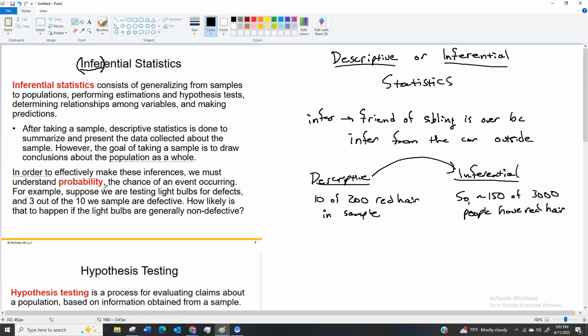So knowing probability helps us with inferential statistics. And that's why for chapter 4 and chapter 5, we delve into the other mathematical topic of probability. So even though this class is called Introduction to Statistics, almost invariably in any statistics class, you will also have some probability, and we will do that for a couple chapters. Really heavy in chapter 4, and then a little bit more in chapter 5.